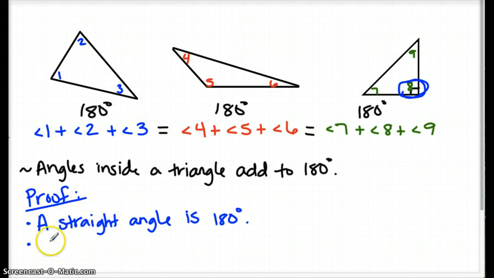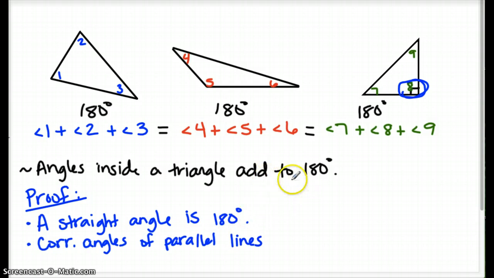The second thing, and you can abbreviate these: corresponding angles of parallel lines are equal. And we just learned that in lesson 12.